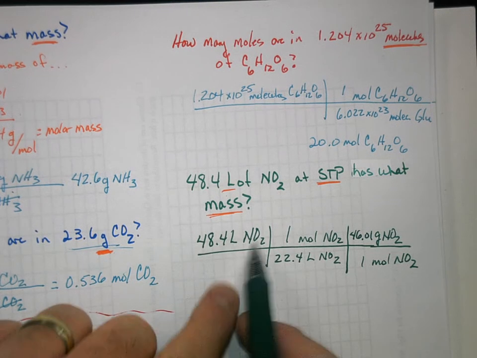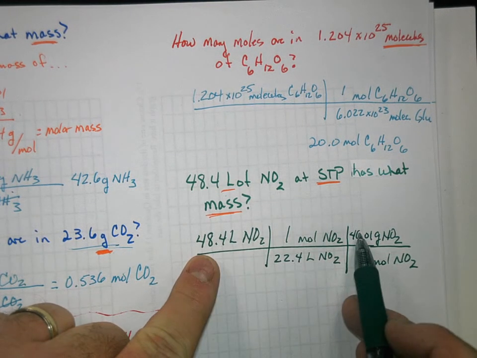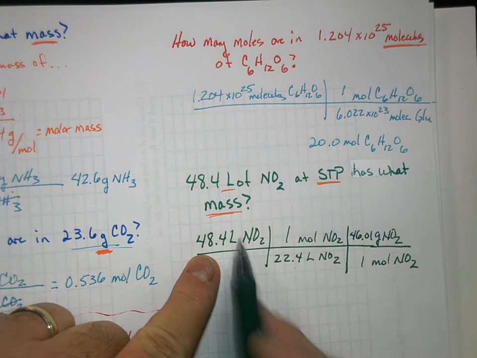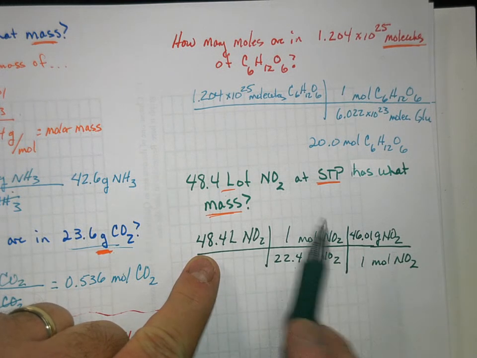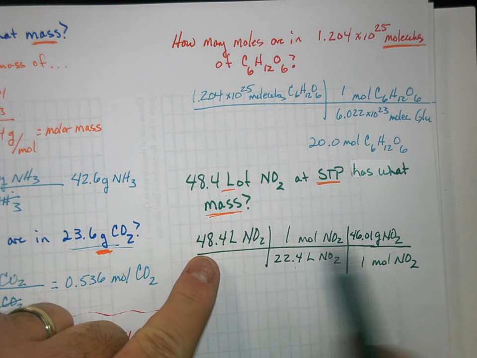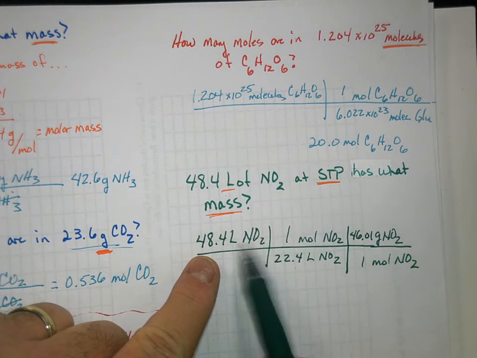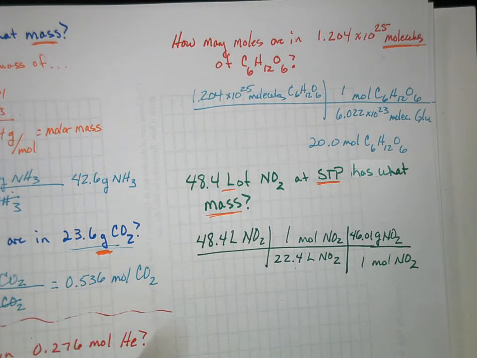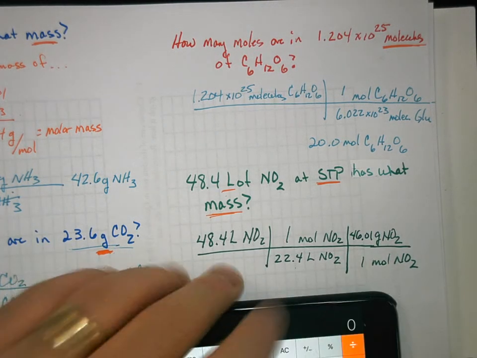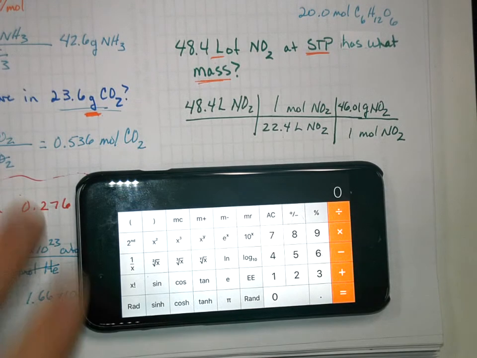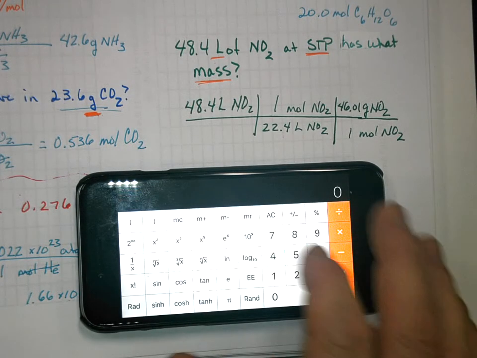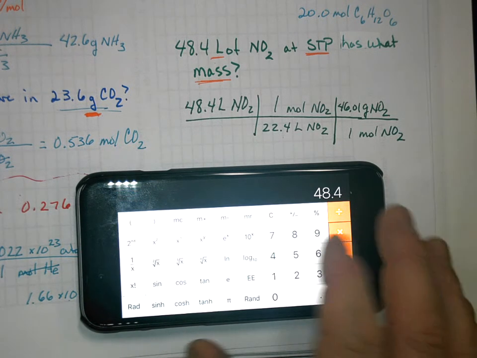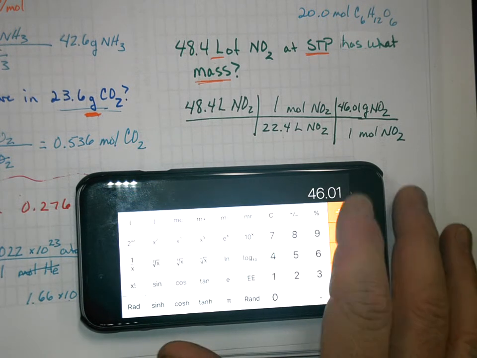It's going to be this times that divided by this. You can do it in order, but I recommend, because we're going to do some long ones eventually, that you multiply across the top, and then divide by each thing individually on the bottom. So that becomes 48.4 times 46.01 divided by 22.4.